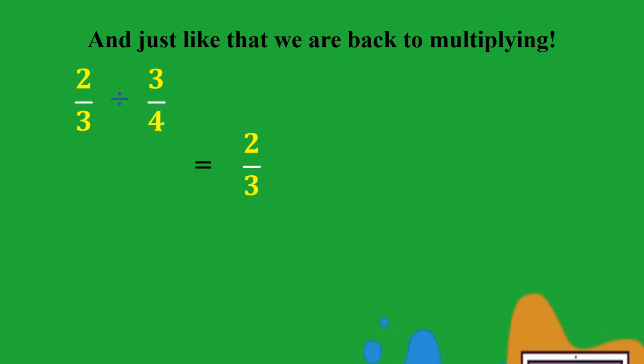The division symbol will be changed to the multiplication symbol, and the second fraction will be flipped, so it will be 4 upon 3. So now I hope you remember the multiplication of fractions. Yes, we multiply the numerator with the numerator and the denominator with the denominator. So finally we get 8.